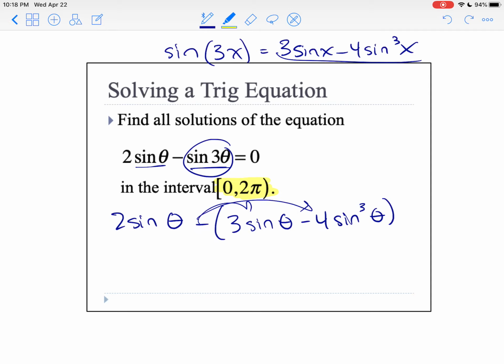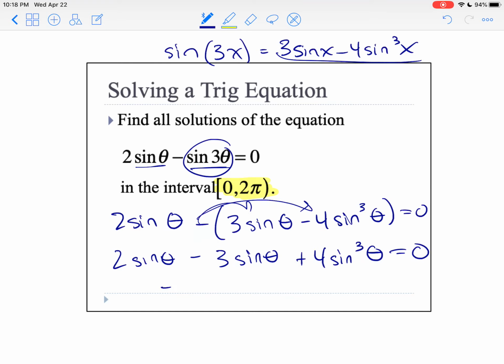So we have 2 sine theta minus 3 sine theta plus 4 sine cubed theta. And this is equal to 0, because this is an equation. So 2 sine theta minus 3 sine theta, I have 2 of something, and then I have 3 of the same something.